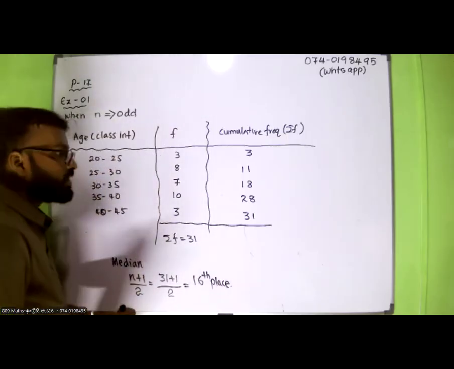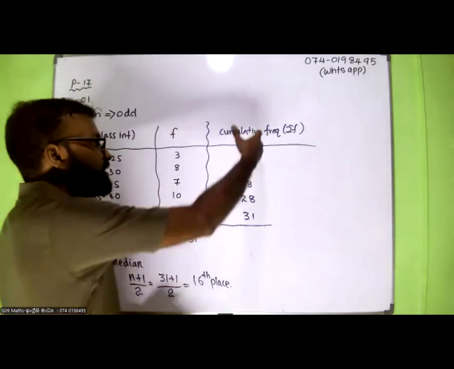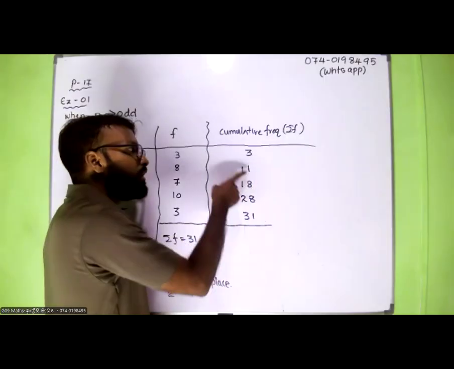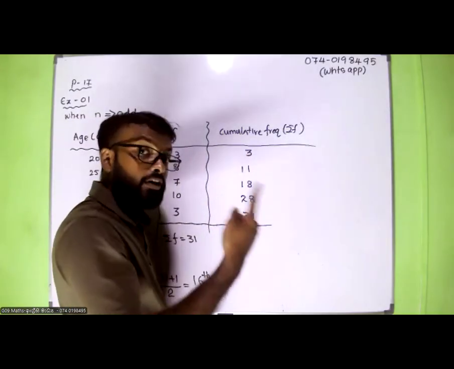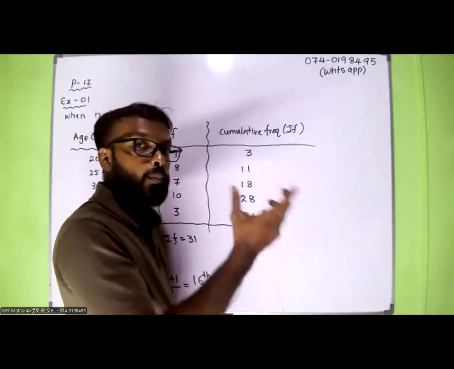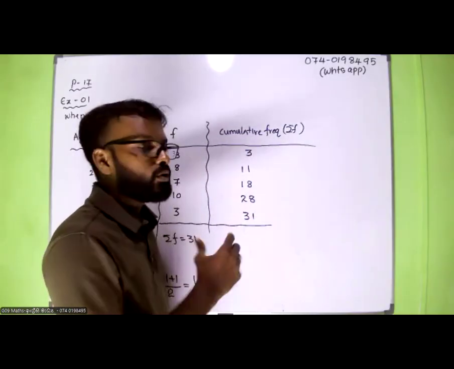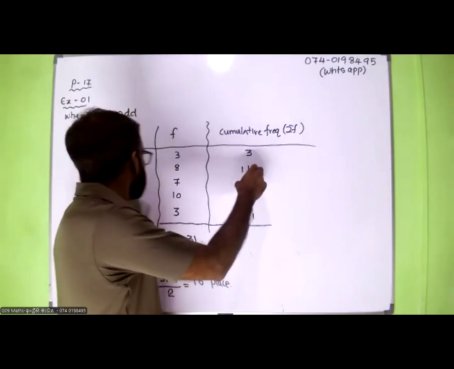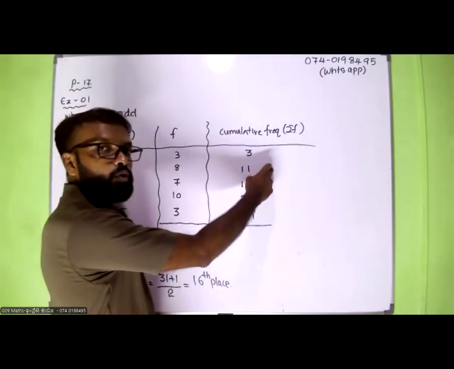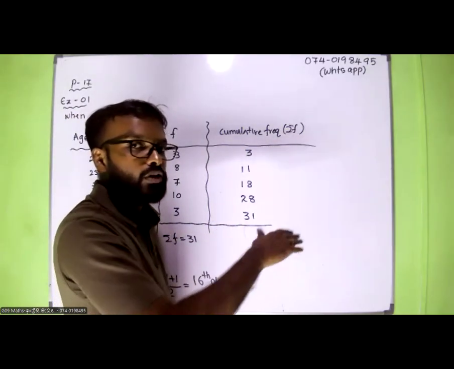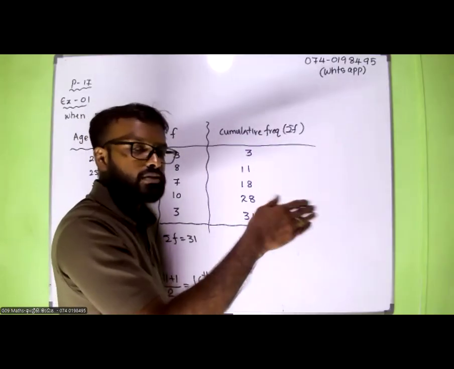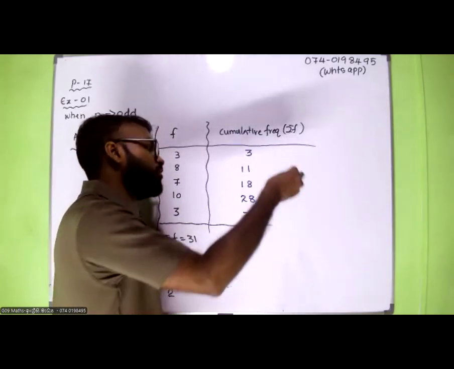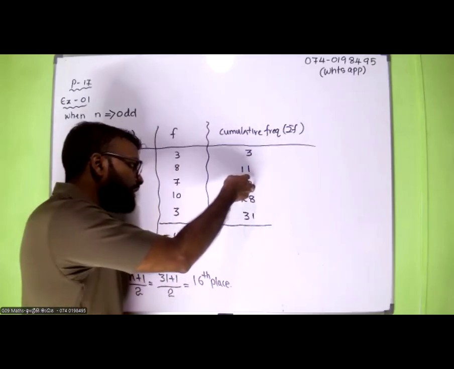So what is the 16th place? By looking at this cumulative frequency column, here you have up to the 3rd place, here up to the 11th place, here up to the 18th place. This second class interval ends at the 11th place, so 12, 13, 14, 15, 16, 17, 18, all these places are included in this class.